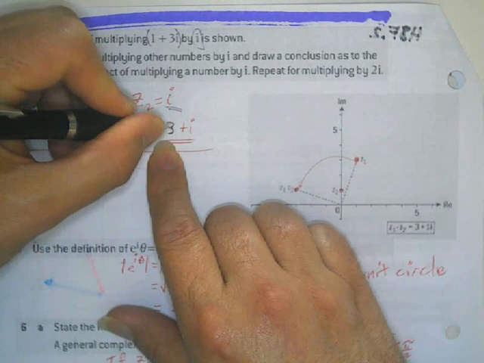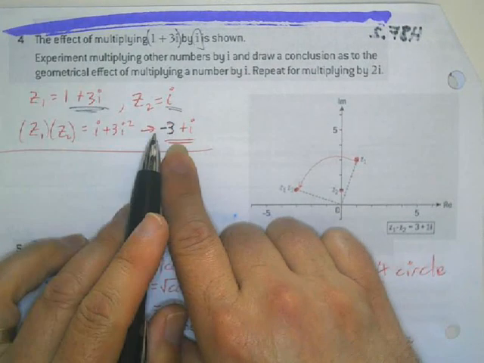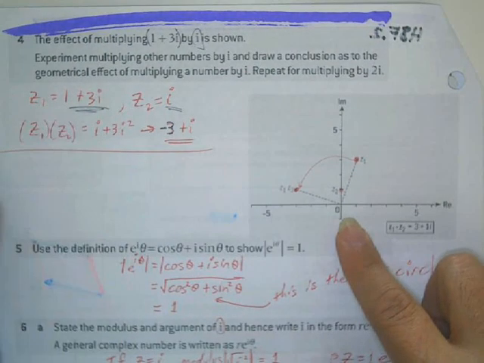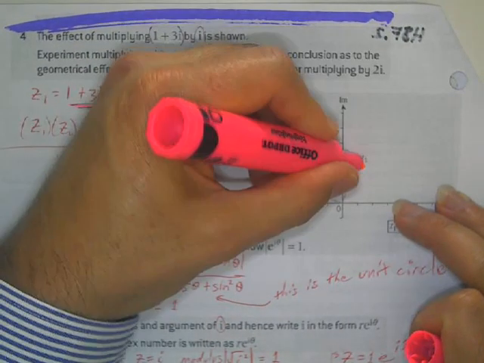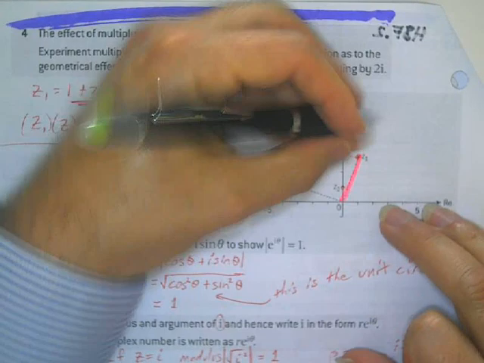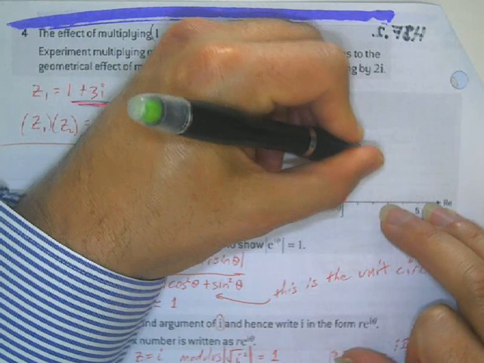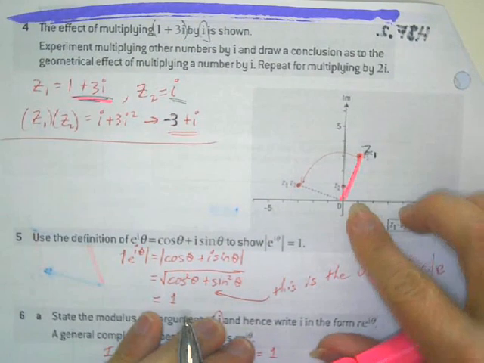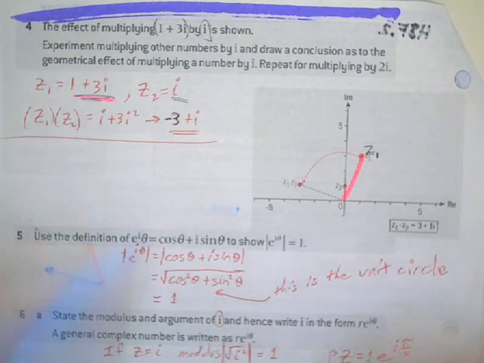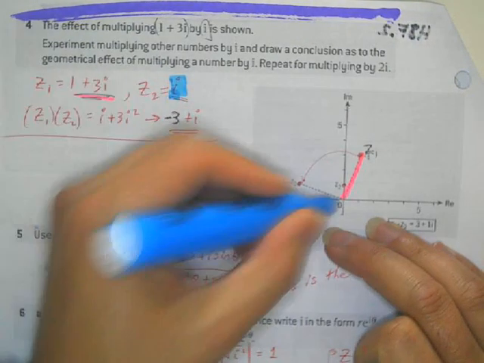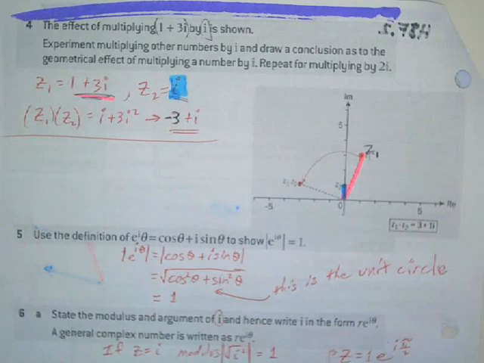Okay, so I can plot this down. So we've got z1 is 1 plus 3i, right? Go over 1, up 3. z2 is i, so I'll just plot that right there. Right? It just goes up 1.